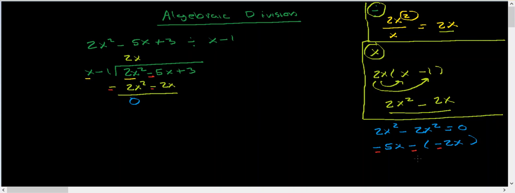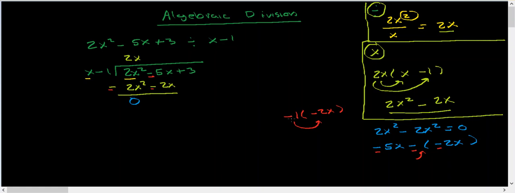Now what we have here is a unique situation. This is what's known as a double negative. When you have something like minus, bracket, minus 2x, close bracket, what this actually means is minus 1 outside the bracket. And then you multiply this minus 1 by what's inside the bracket.